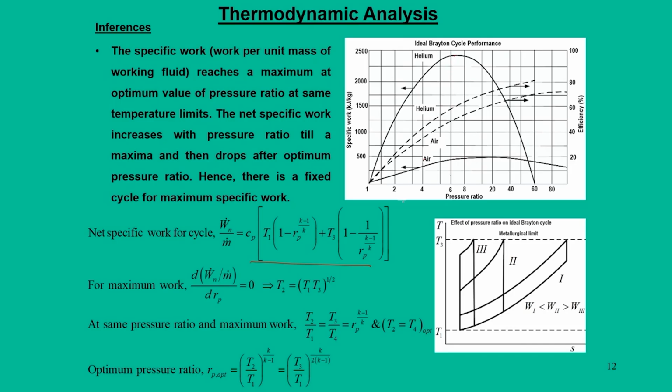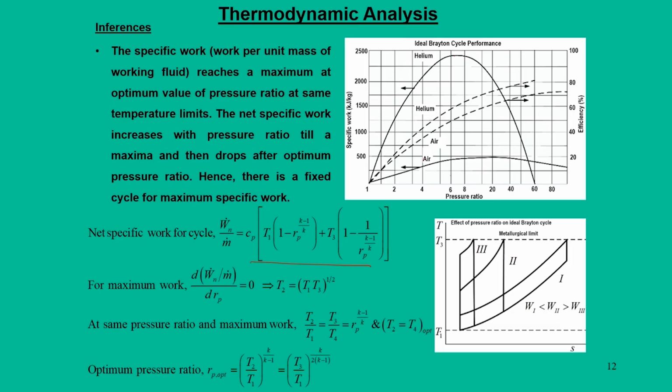This is the advantage, but however, the way it rises it also falls suddenly. So, if you have a choice of air and helium, it is better to choose helium as the working fluid, because at a given pressure ratio helium will have a higher capability of producing work. That we can see here.